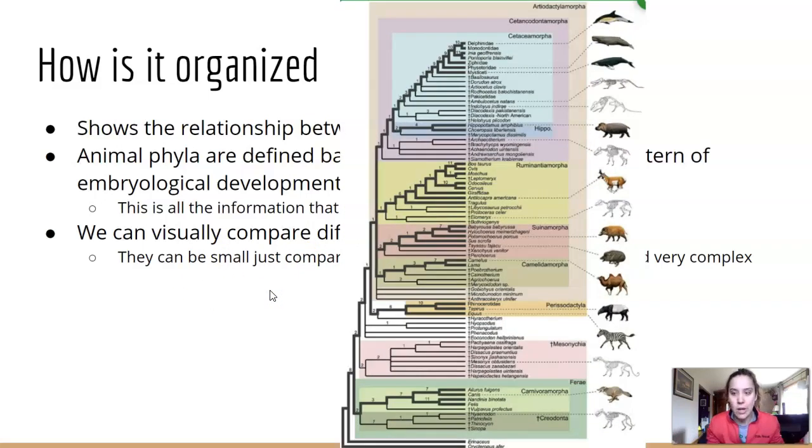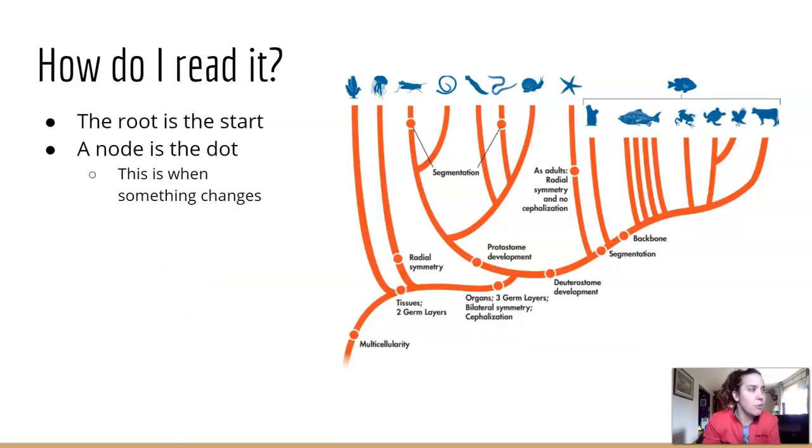Here is a cladogram comparing whales to a whole bunch of other mammals, and it's super detailed, right? Obviously, we're not going to cover this, but I just wanted to show you that some of them are super simple, comparing simple things. Others can get super complex and strung out, showing different characteristics and relationships. So how do I read it?